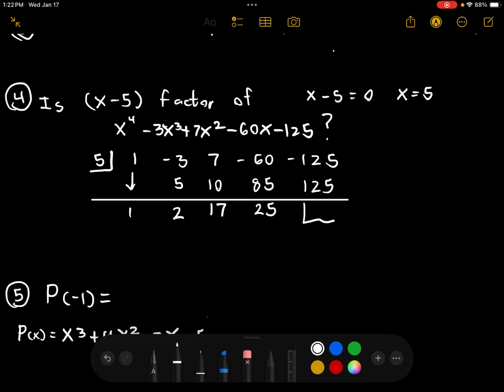All right, so here's the deal. If your remainder is 0, okay, then, so I'm going to write it over here. So this is part of the remainder theorem, by the way. So this is FYI, this is a remainder theorem.